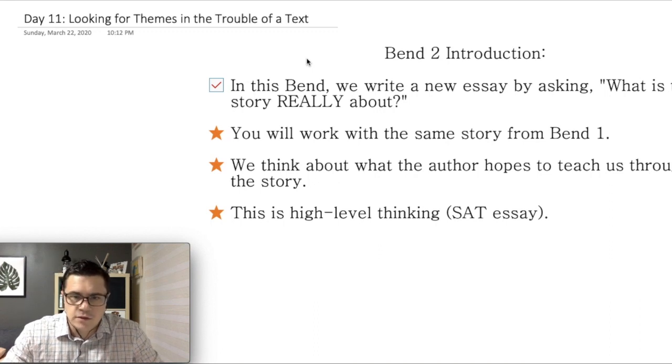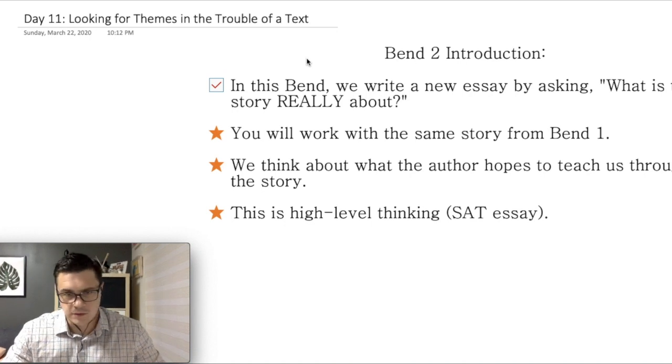This is something you're going to do over and over in your academic career. And our goal here in this unit is that you get off on the right foot and you're confident writing this essay, the essay in Bend 3, and then essays as you work your way through middle school, high school, and university.